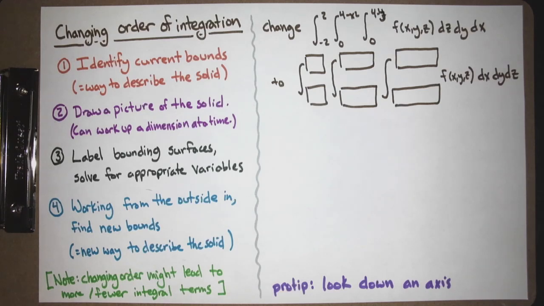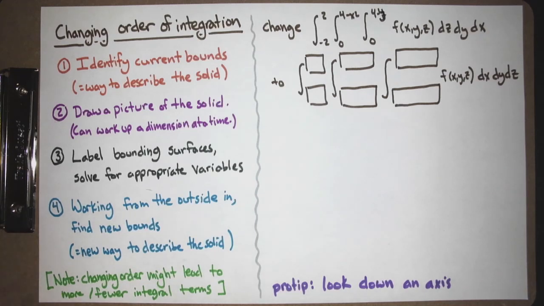Then you can work from the outside in or the inside out, but basically be consistent. Find your new bounds, which is basically finding the new way to describe your solid. And a note on why change order: it might lead to more or fewer integral terms.